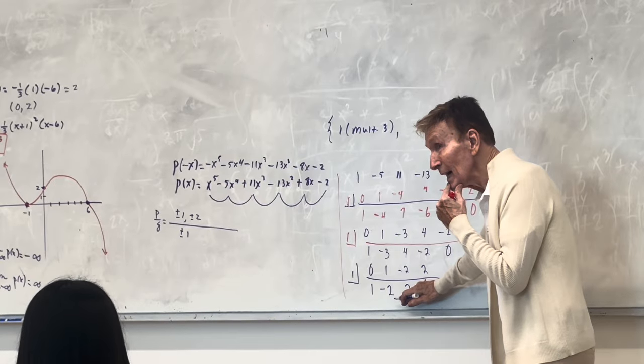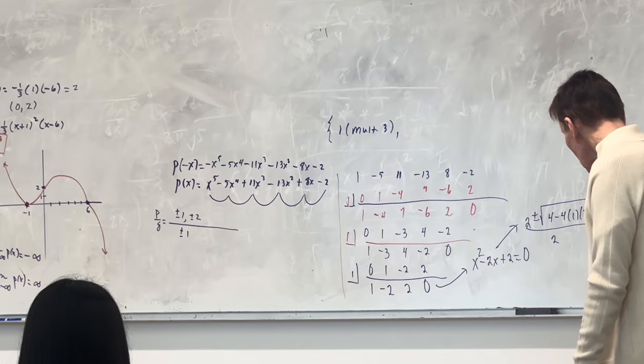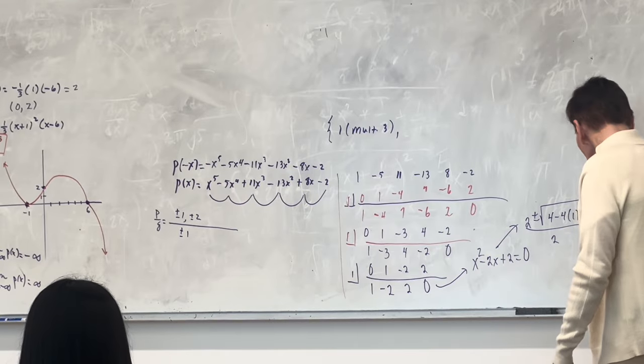Here goes. By quadratic formula, we end up with 2 plus minus the square root of 4, subtract 4 times 1 times 2, getting really crazy on us, over 2. Step back and look at b squared minus 4 times a times c, looks good. So it's going to be 2 plus minus, underneath there is 4 subtract 8, that's a -4.